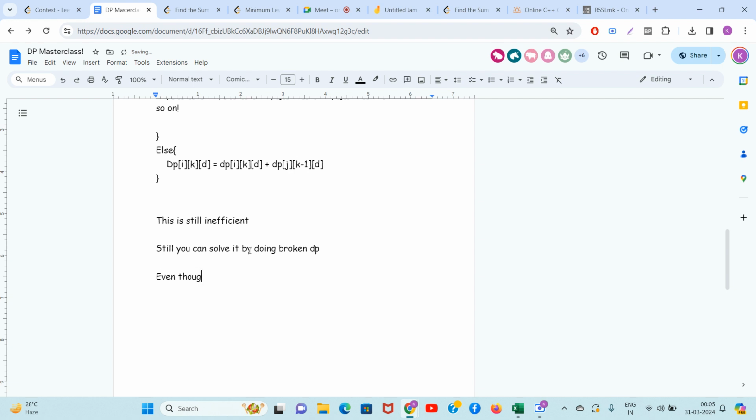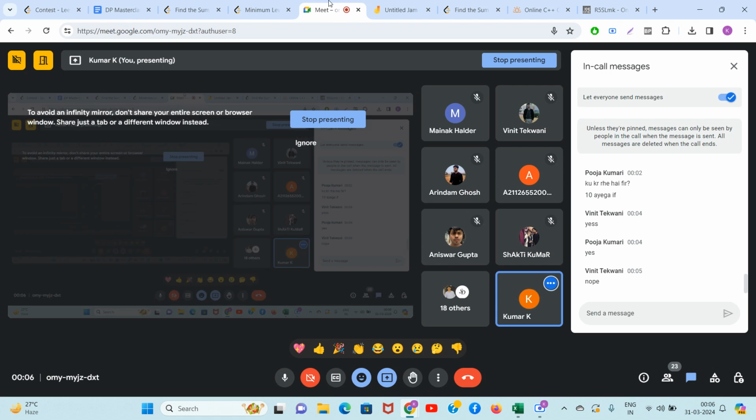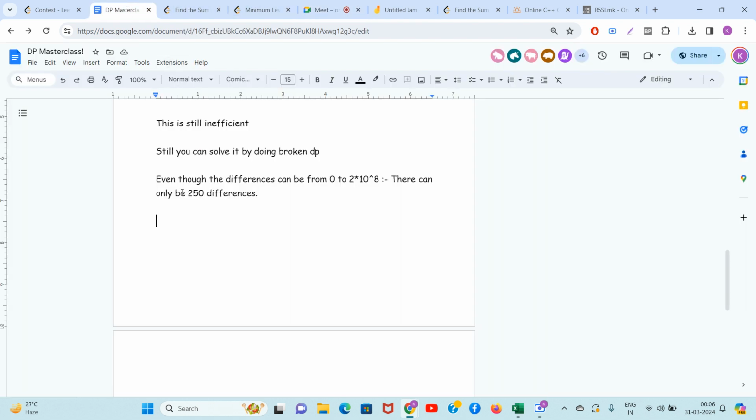Even though the differences can be from 0 to 2 into 10 raised to 8, even though the differences can be from 0 to 10 raised to 8, there can only be 250 differences. गाइस 250 डिफरेंस ही हो सकते हैं जी. मजा आई विनीत. The differences can only be 250 numbers.